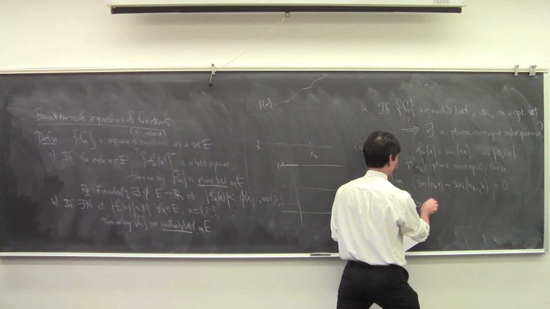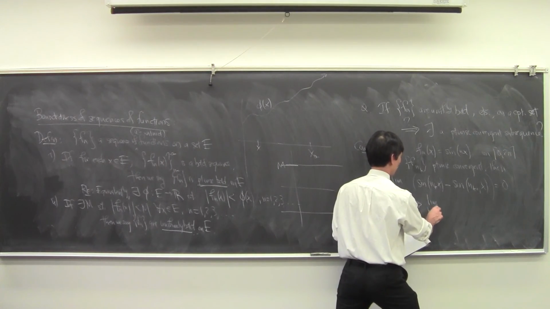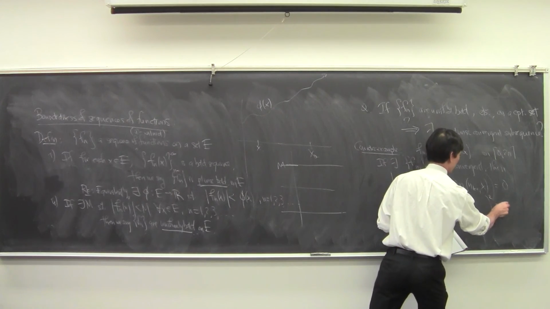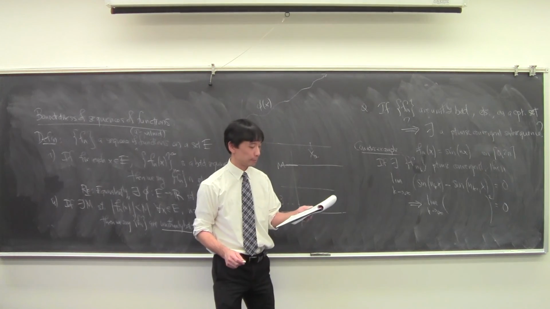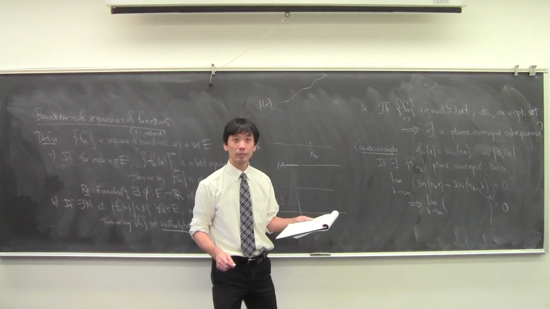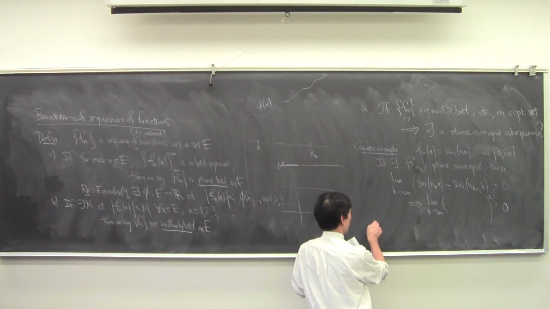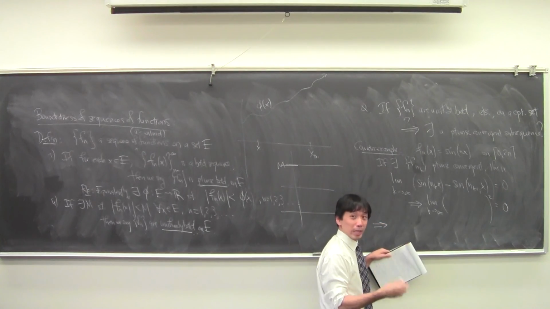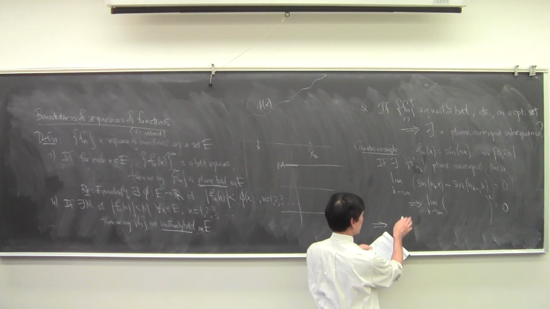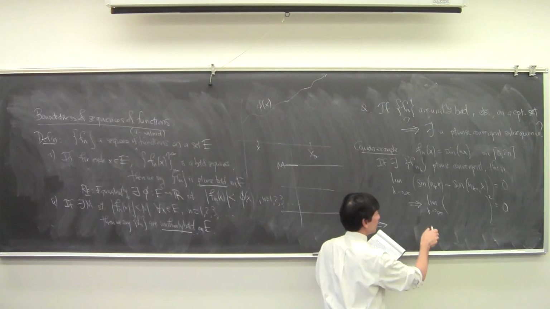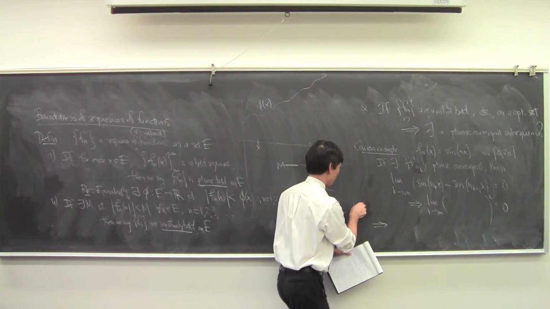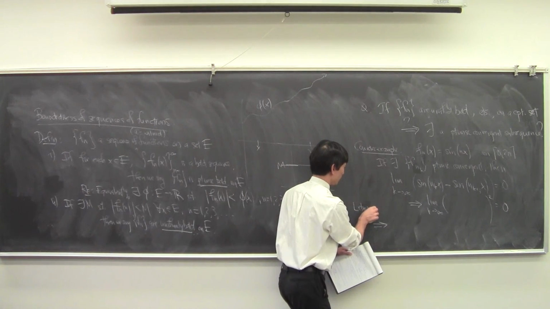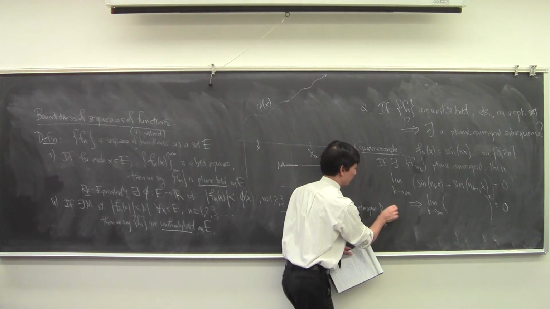But that would imply that the limit of the same thing squared is 0. Okay, and then he pulls out something which we can't prove yet. Says that would imply that, there's something called the Lebesgue dominated convergence theorem.